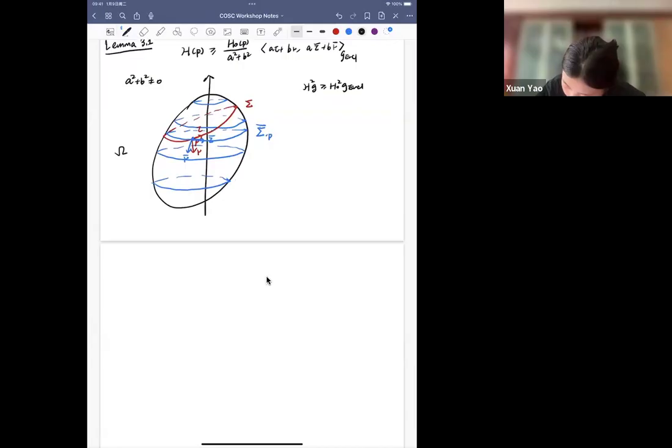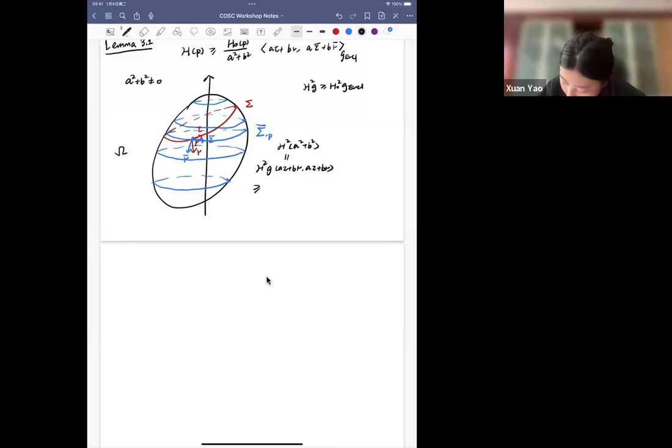Just plugging in. So h squared g of a tau plus b nu, a tau plus b nu equals h squared times a squared plus b squared.